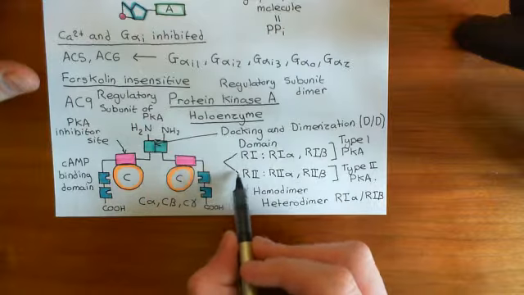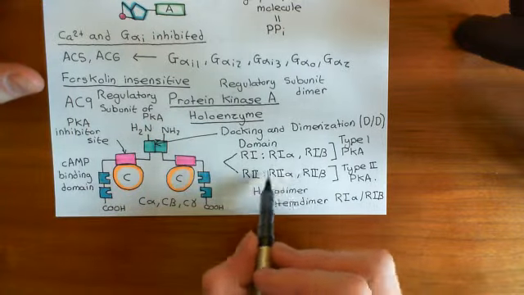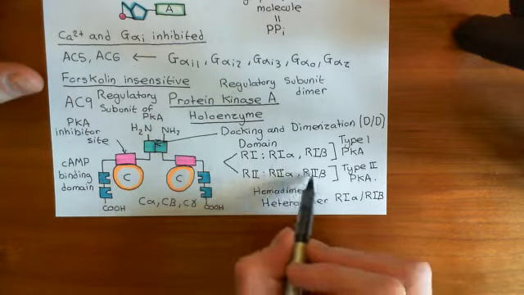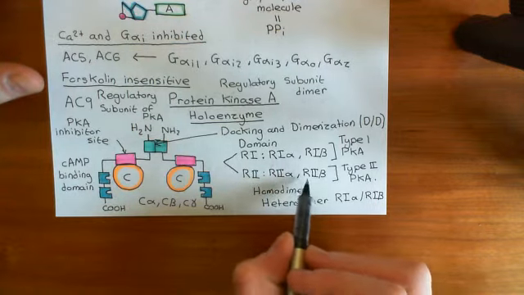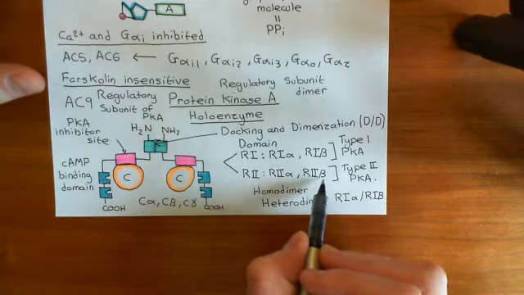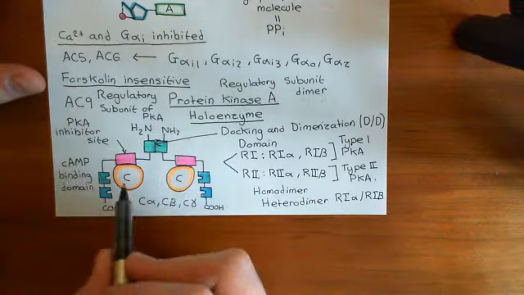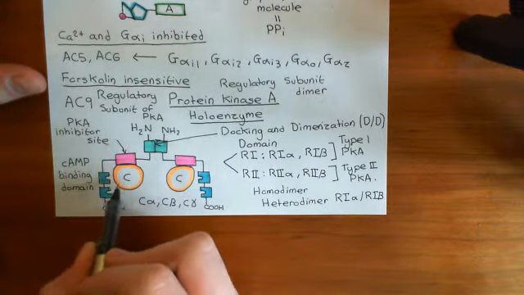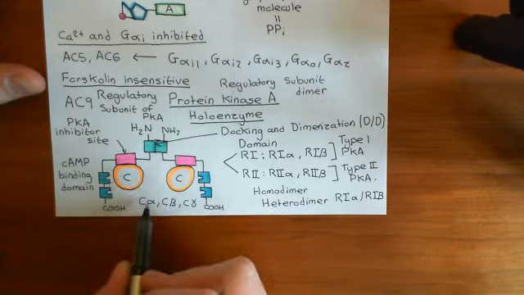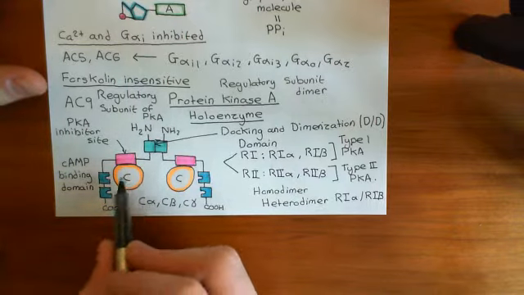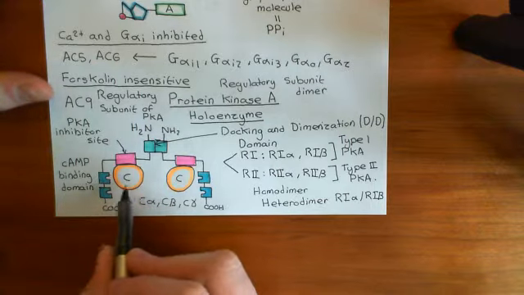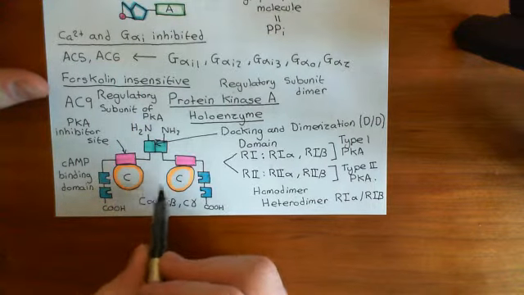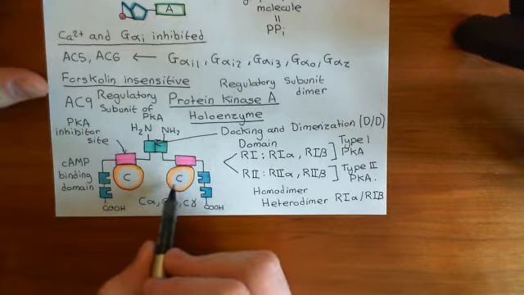If you go down the type 2 route, there's less options available for you. You can only make a homodimer. So you can make a homodimer of type 2 regulatory subunit alphas or type 2 regulatory subunit betas. Then you have to add on your 2 catalytic subunits, and for each of these you have 3 options available. You can either put in a catalytic subunit alpha, a catalytic subunit beta, or a catalytic subunit gamma. So these are separate proteins in their own rights as well.